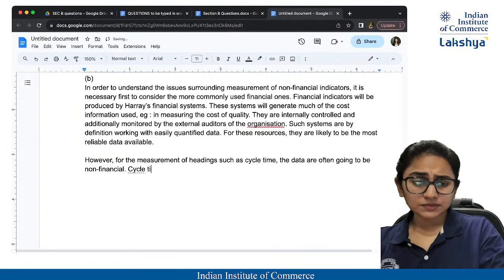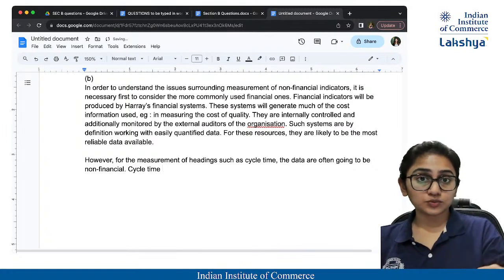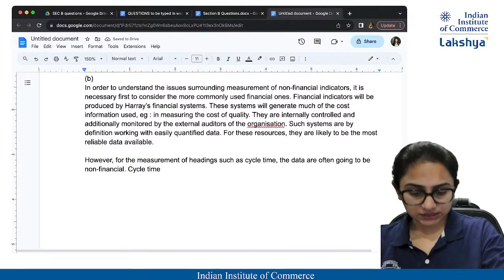Because cycle time is not financial data. Financial is numerical. This is numerical in days.